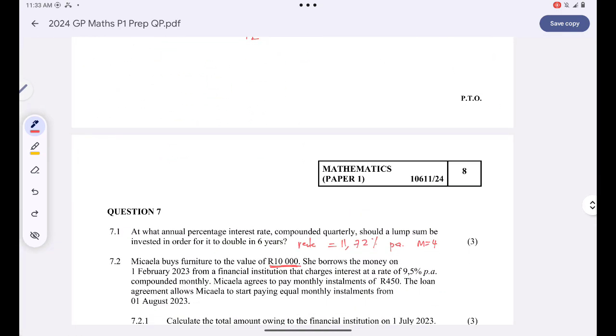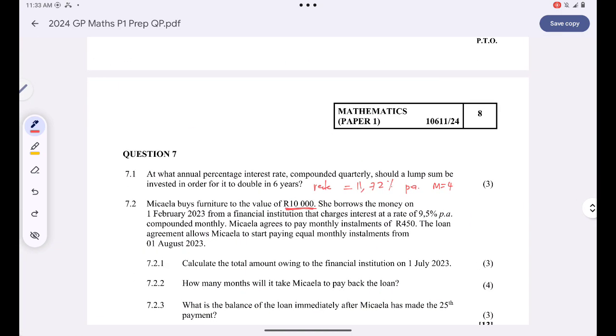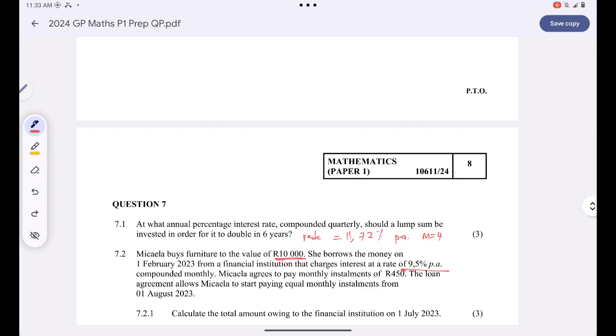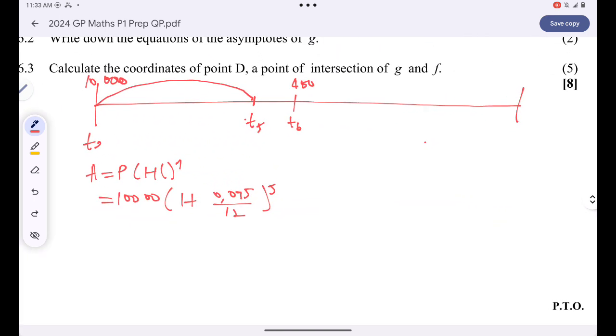That's 9.5%. Yeah, I copied correctly. So that's just 10,000 multiplied by 1 plus 0.095 divided by 12, all raised to the power 5. The 5 just represents the number of months interest has accumulated.